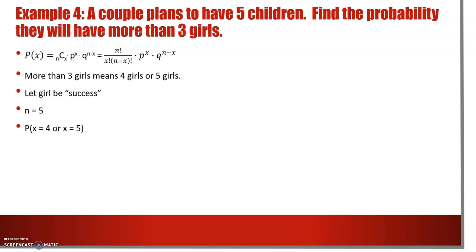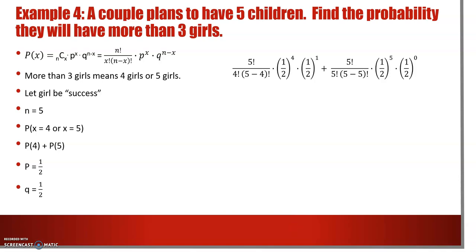So we need to find P of 4 and add it to P of 5. P equals 1/2. Q equals 1/2. Substituting everything into the formula, first we do 5 choose 4, and then we also have to do 5 choose 5. Simplifying, 6 over 32 equals 0.1875.